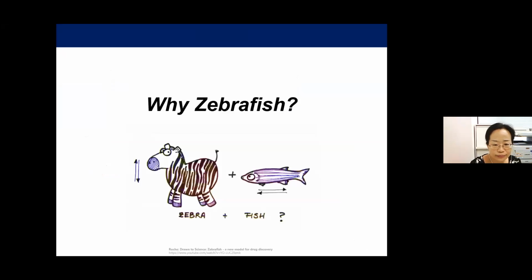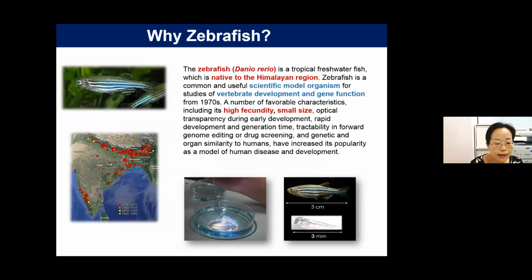At first, why do we use zebrafish as a disease model? The zebrafish is named for the horizontal blue stripes running the length of its body, which are reminiscent of a zebra's stripes. Zebrafish is a tropical freshwater fish, originally found in eastern India's Ganges River and native to the Himalayan region.